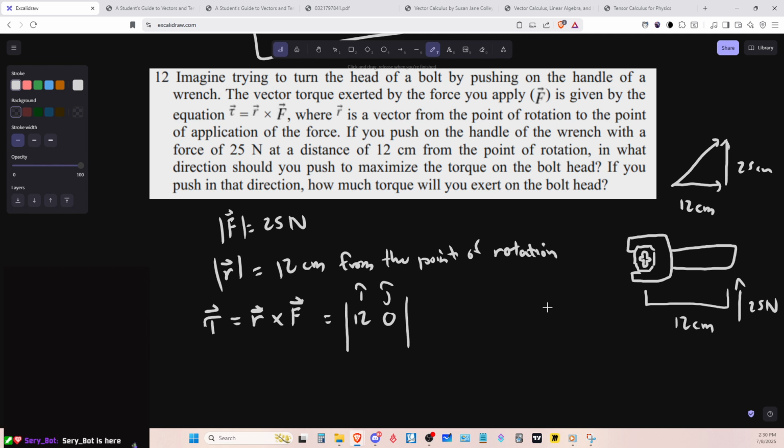But let's just say you did do that, right? Then 25 over 12 is around 64, let's put 64.4 degrees.